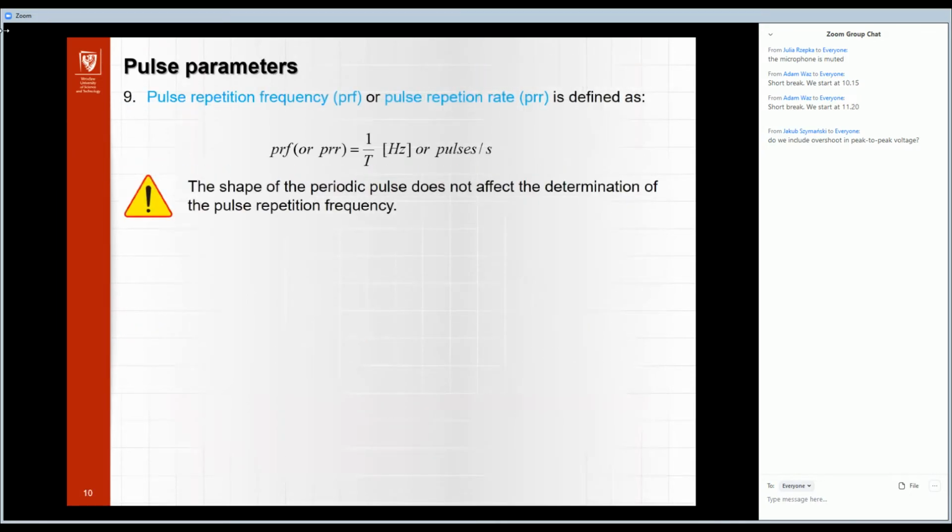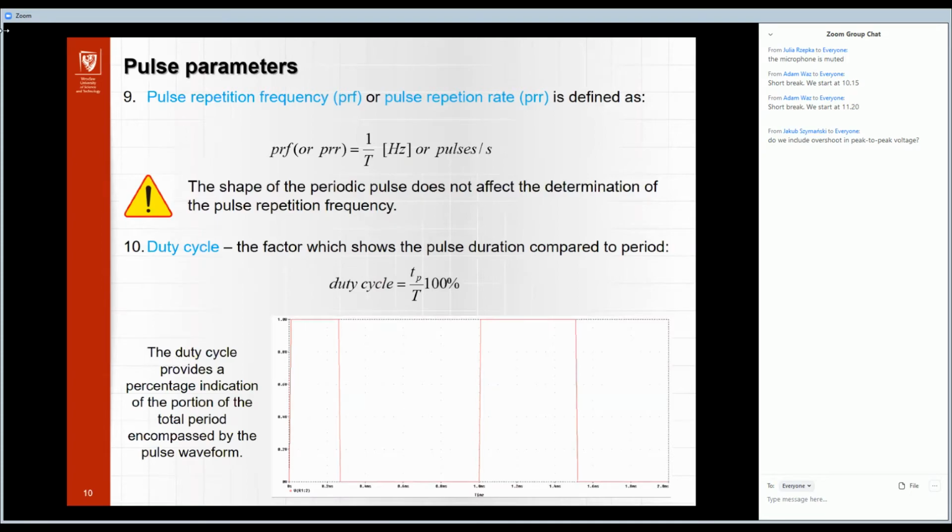Okay, and pulse repetition rate is defined as 1 divided by the period, and you must notice that the shape of the periodic pulse does not affect the determination of the pulse repetition frequency. And more interesting, duty cycle is the factor which shows the pulse duration compared to the period.